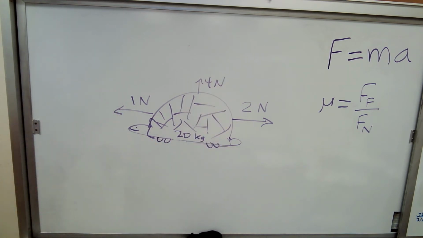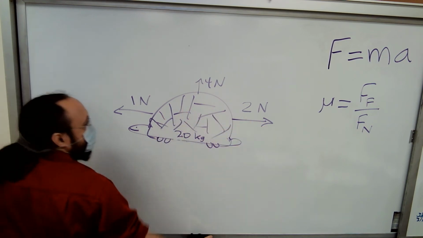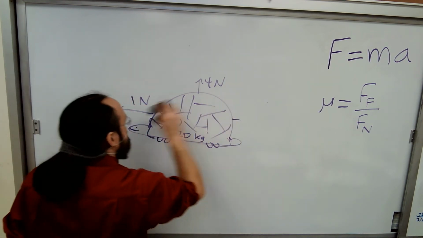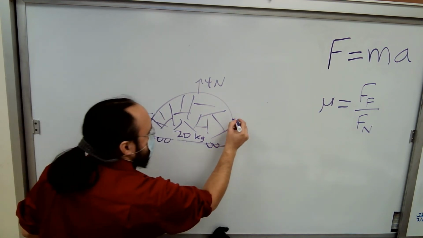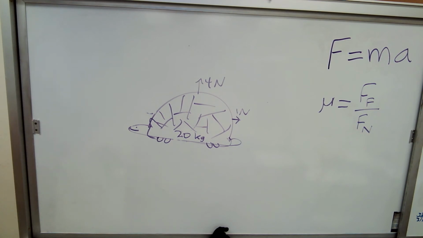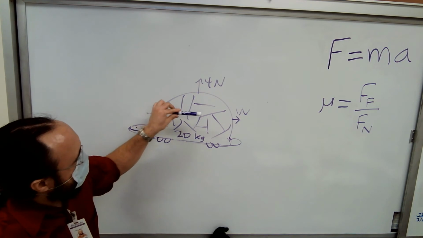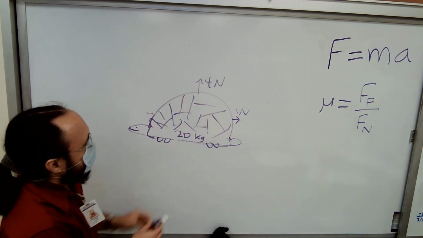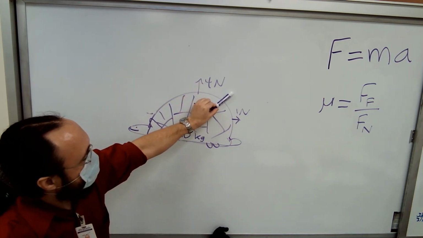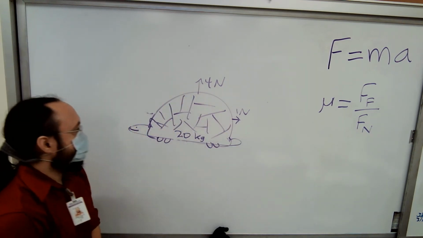Now with our left and rights, we got 1 this way and 2 this way. Our net force then is 1 Newton that way. If this turtle is being pushed this way and this way at the same time, it's not going to go straight in between, but it's going to go somewhere in between.